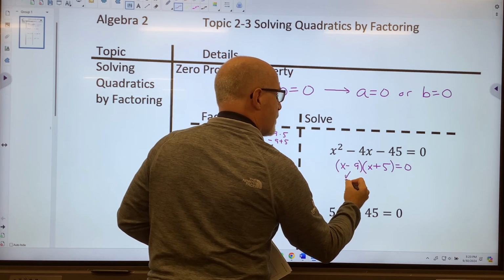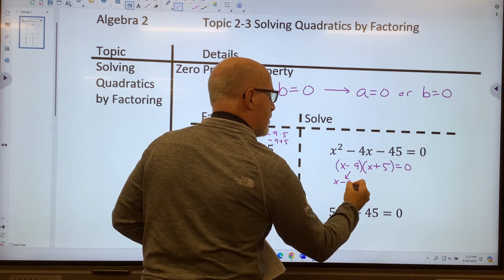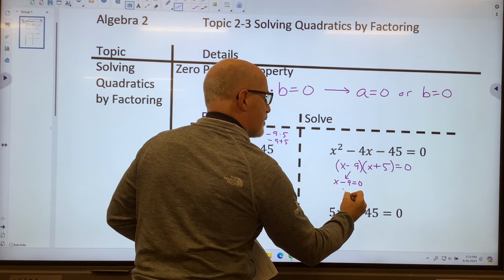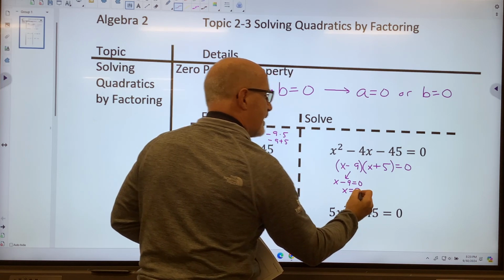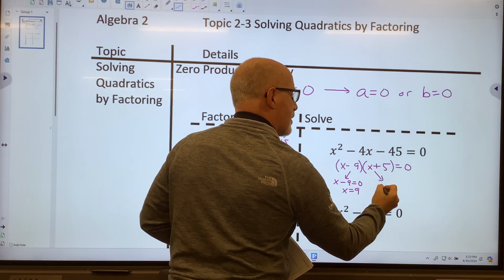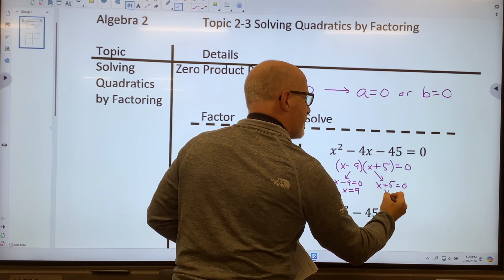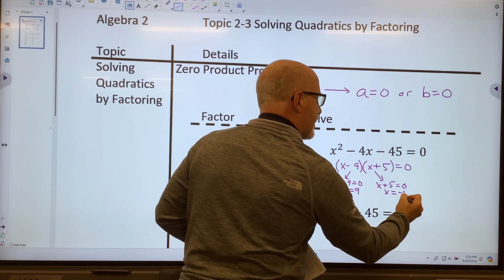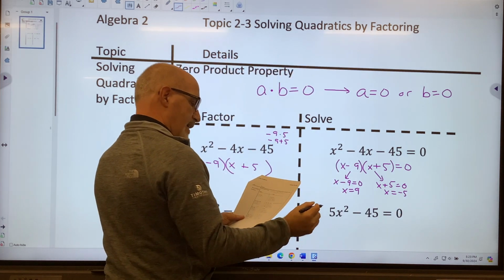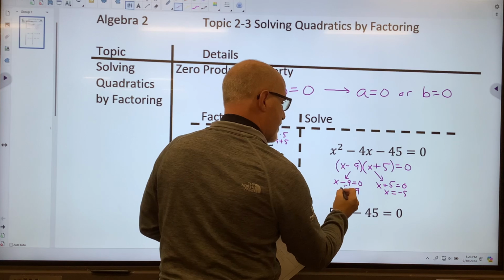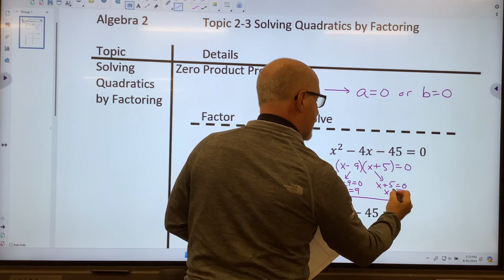So I take this one and I set it equal to 0. Add 9 to both sides, you get x equal to 9. And this one, set it equal to 0. Subtract 5 from both sides, and you get x equal to negative 5. So my two answers for this are x equals 9 and x equals negative 5.